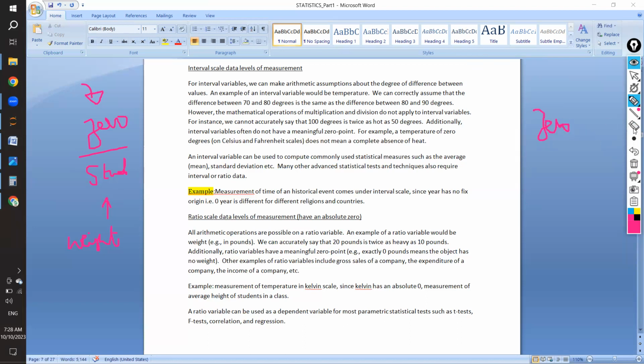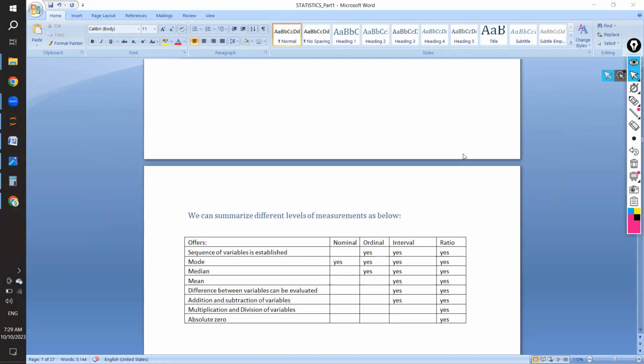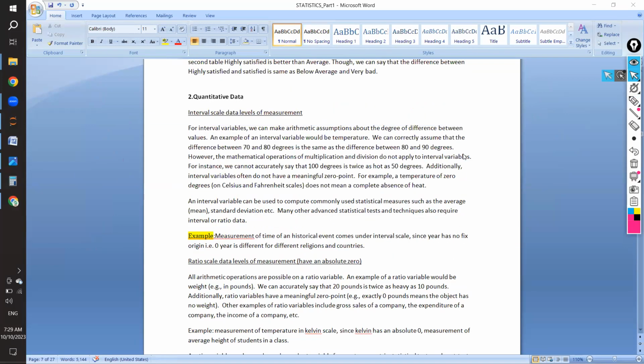Even if you go to any part of the world, or any planet, 0 weight or 0 height means the person is not existing. We did not create this. But 0 temperature or 0 date you cannot say absolutely; it's just your representation. So are you guys able to understand this?